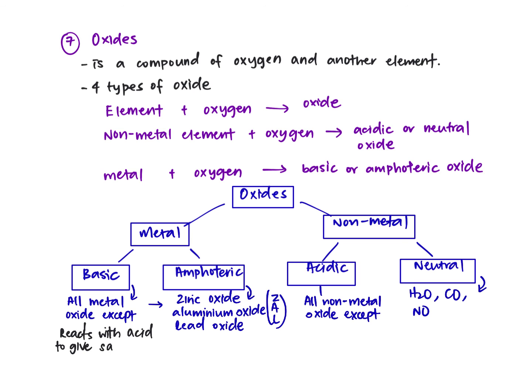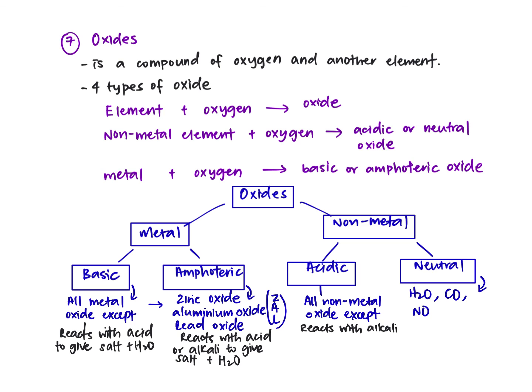So what does it mean by being a basic oxide? It means that this oxide reacts with acid to give only salt and water. As for amphoteric oxide, they can react with both. Okay, both meaning amphoteric oxide can react with acid, amphoteric oxide can react with alkaline.